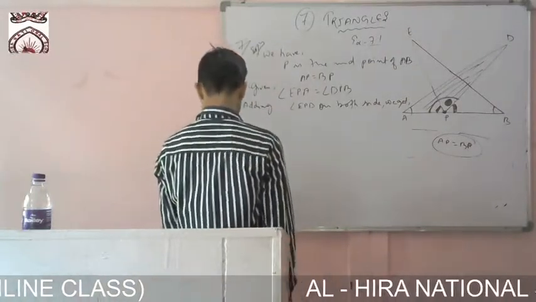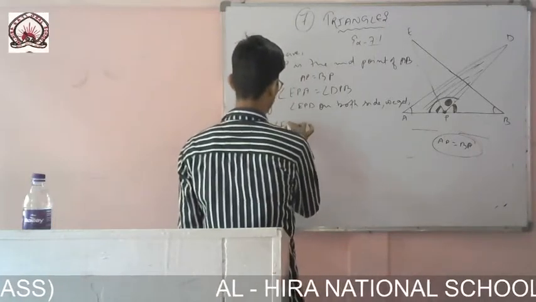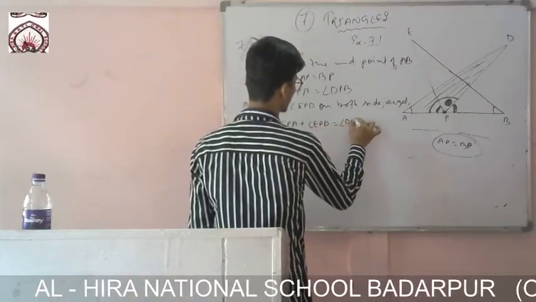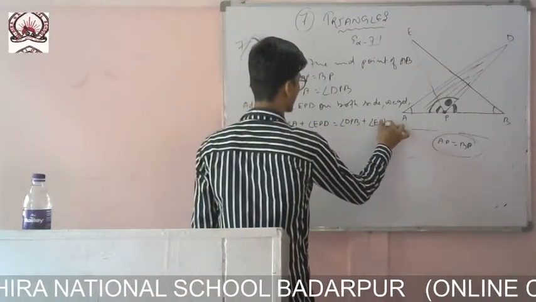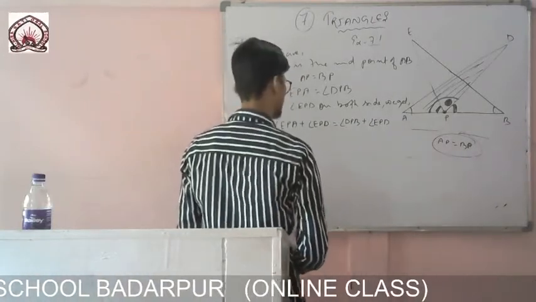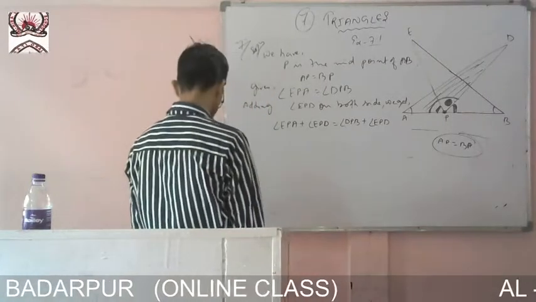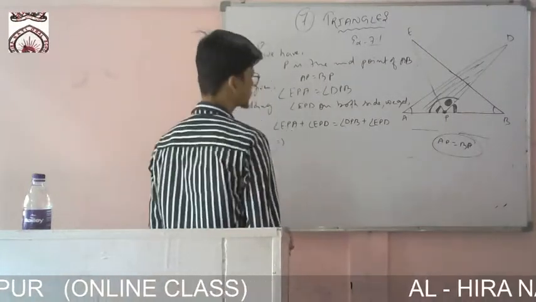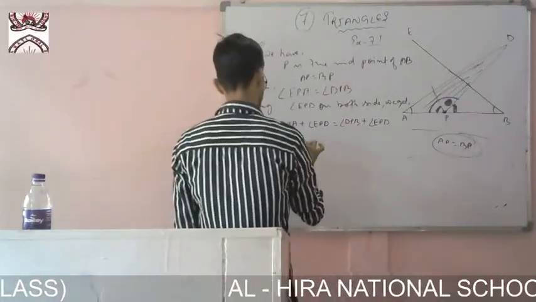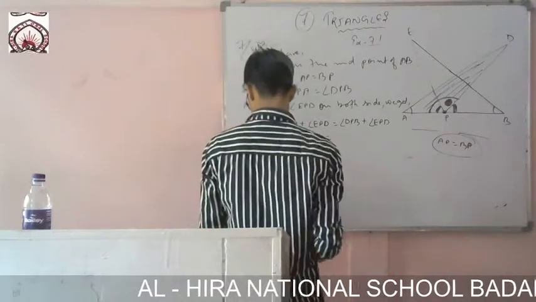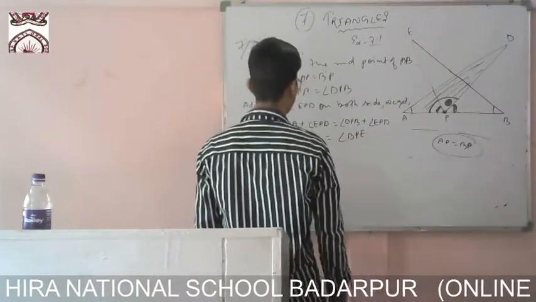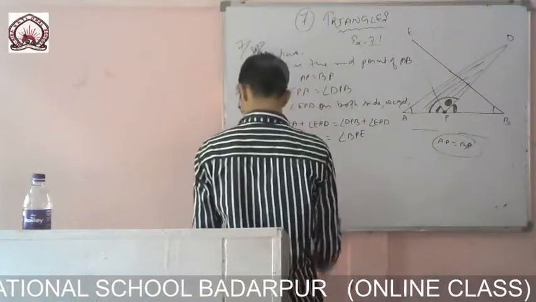We get, so it will be EPA plus EPD equals DPB plus EPD. So I can write it, you see, after adding this one it became angle APD, and that one became angle BPE. So one side, one angle we have made equal.